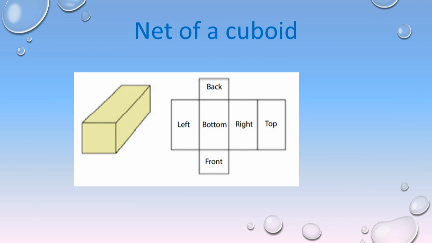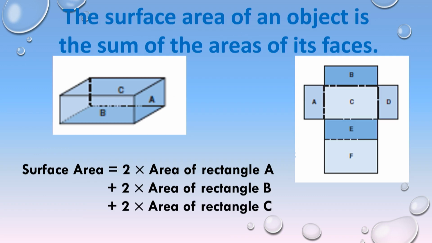This is the net of a cuboid. And the total surface area of the cuboid will be equal to the areas of the different rectangles. As you can see here, we have rectangle A, B, C, D, E, and F. But rectangle A and D are equal, rectangle B and E are equal, and rectangle C and F are equal.